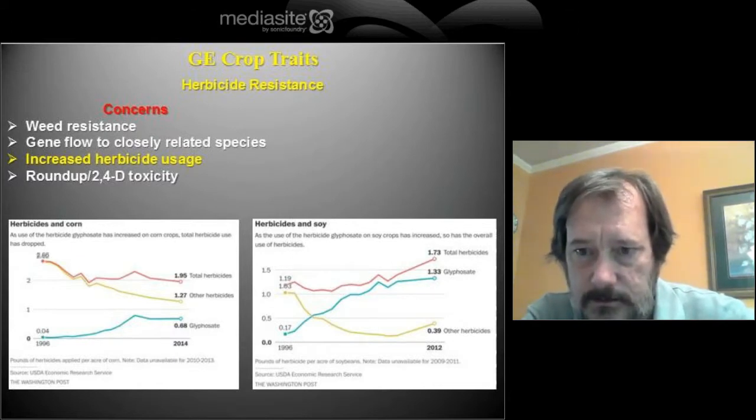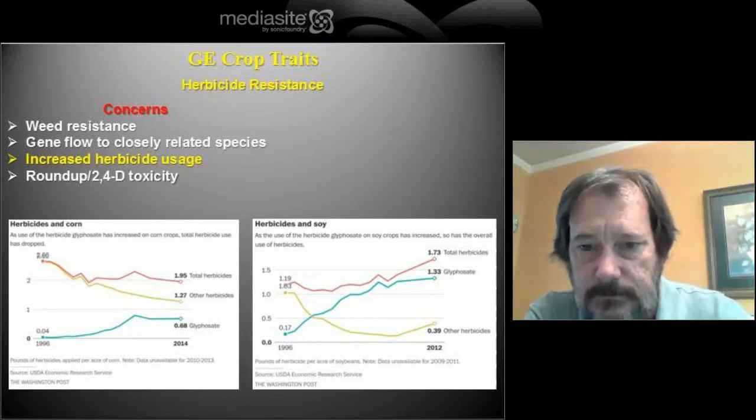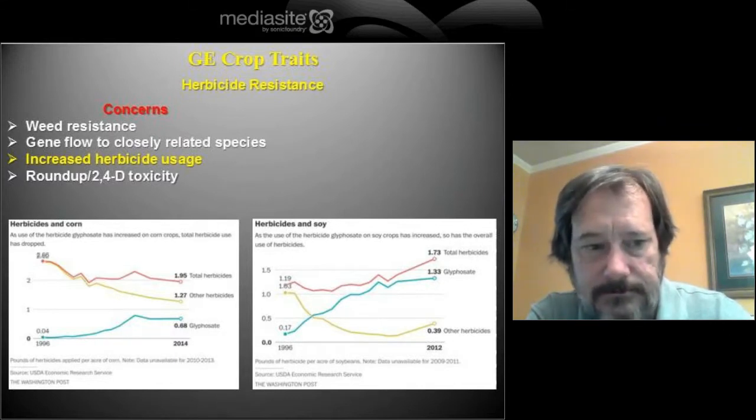Now, certainly glyphosate has a lower toxicity than most of the herbicides that it replaced. So many people would say that even with an increase in herbicide, that's an environmental win in terms of pesticide toxicity in the environment.